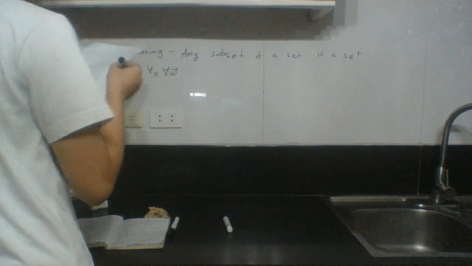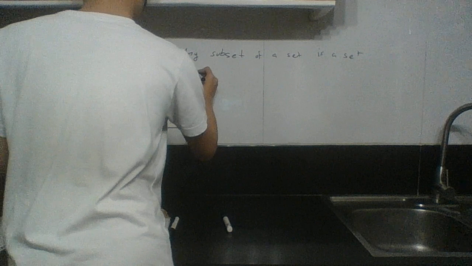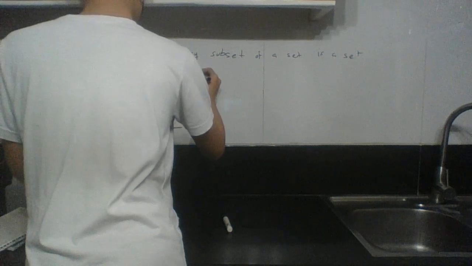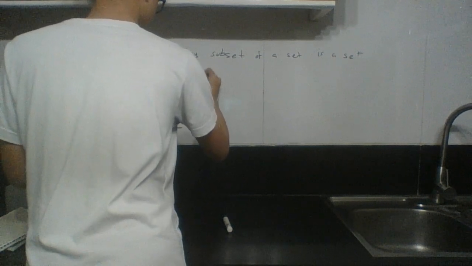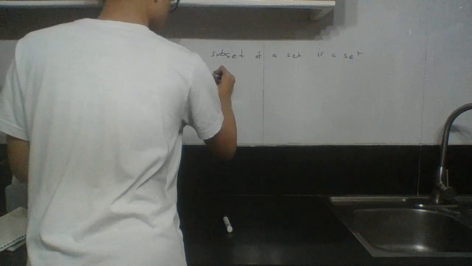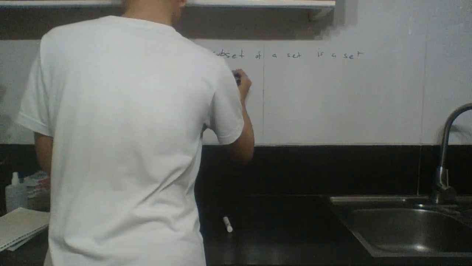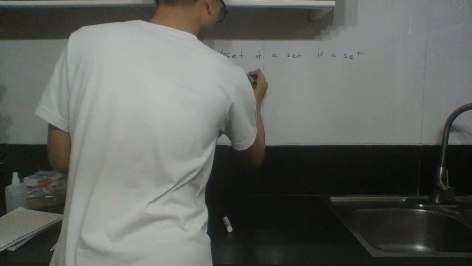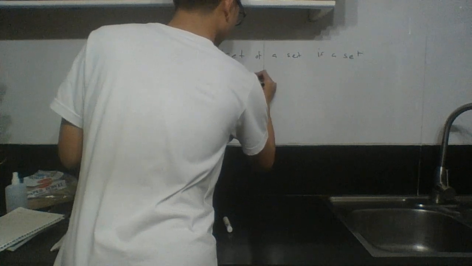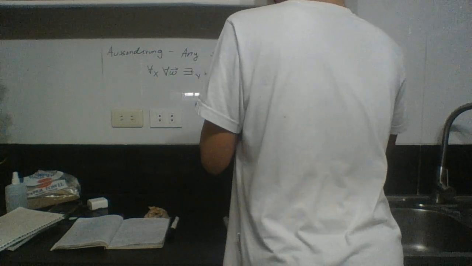There exists some Y, big Y, such that for all Z, Z is inside big Y if and only if Z is in big X and satisfies some formula phi.